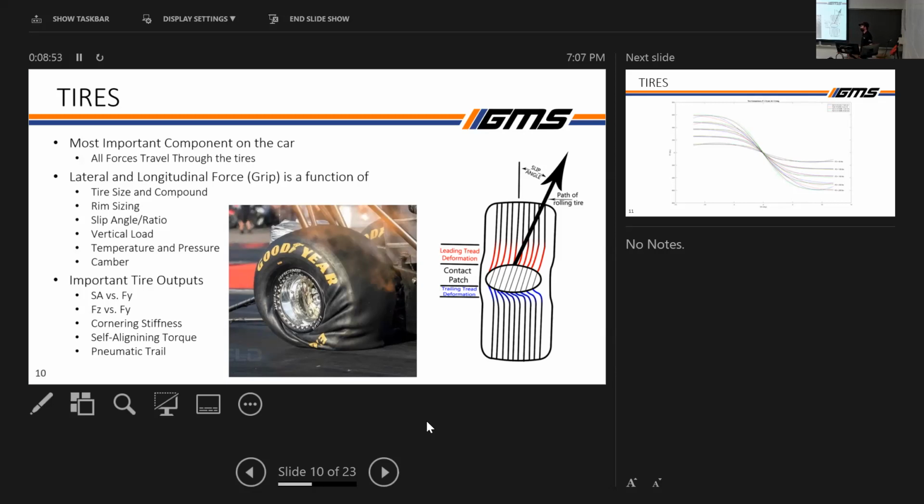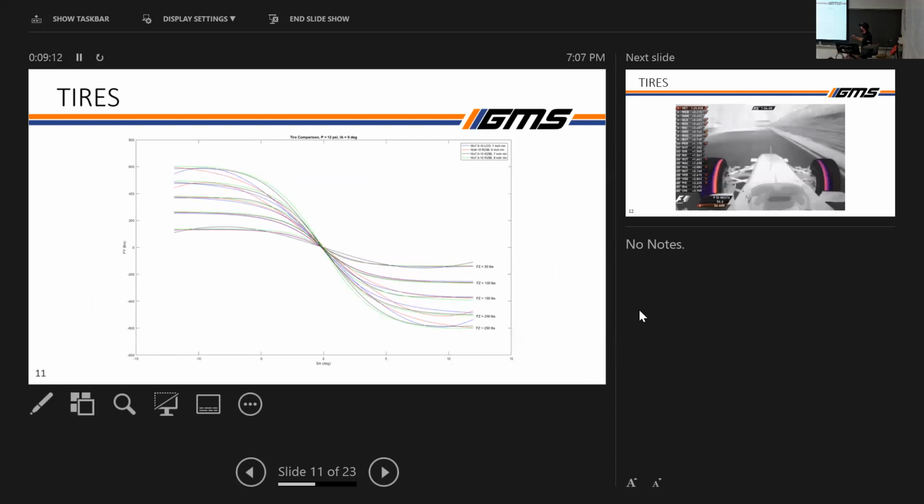From that, we can look at tire outputs of slip angle versus lateral force, vertical load and lateral load, cornering stiffness, self-aligning torque, pneumatic trail, and a bunch of other things. Here we have tire plots with different tires tested, and this is an example of a plot of slip angle versus lateral load. From these plots, we can make a better decision on what tire we want to choose on the car.